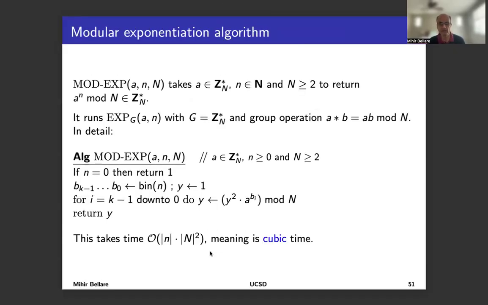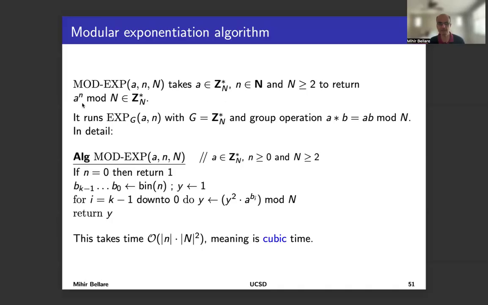Now, very often we use this algorithm in the particular group Zn star, and so it's worth specializing to that group and just rewriting what we get in that case. In that case, I'll call the algorithm mod x, and I will explicitly give it this argument n, which is a way of saying in what group you're working, namely Zn star.